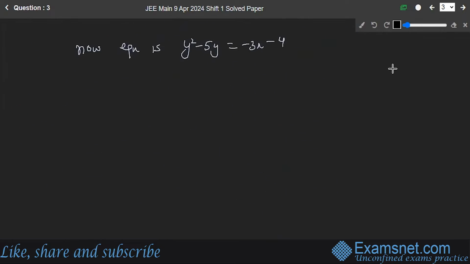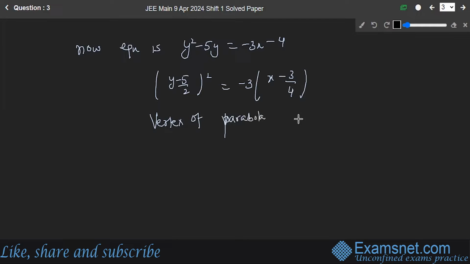If I rewrite this in the curve form, this will be given by (y minus 5 upon 2) squared is equal to minus 3 into (x minus 3y). So the vertex of this parabola will be (3/4, 5/2). Now let's check the first line.